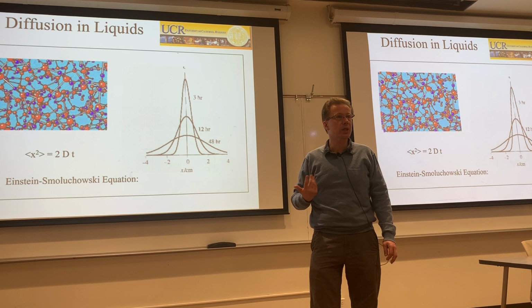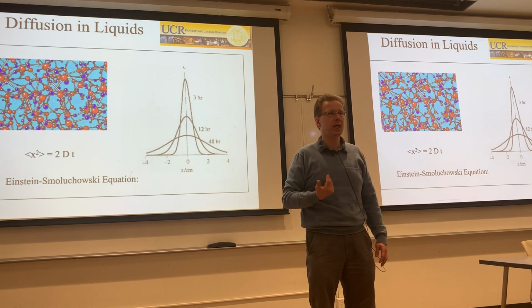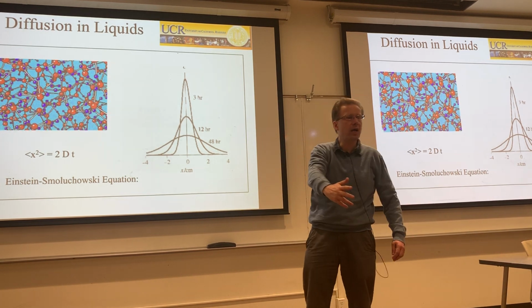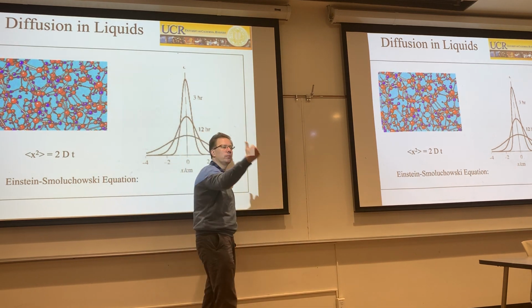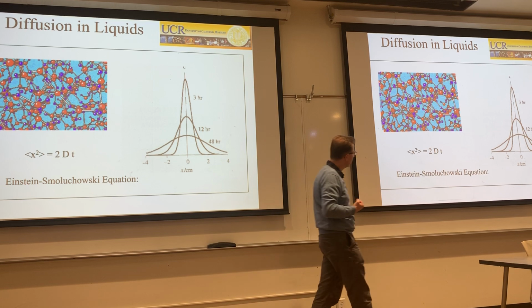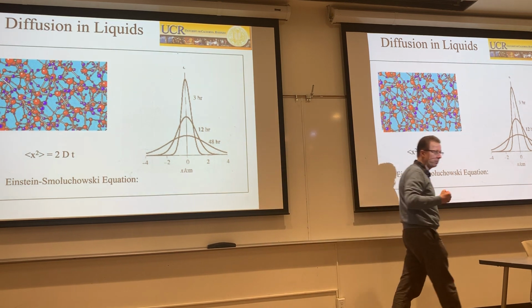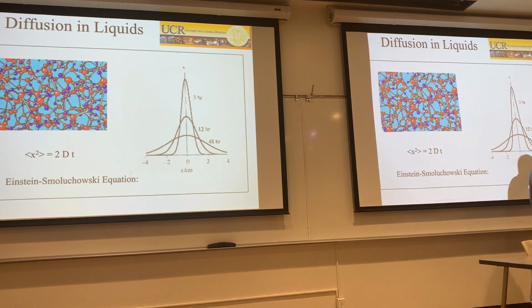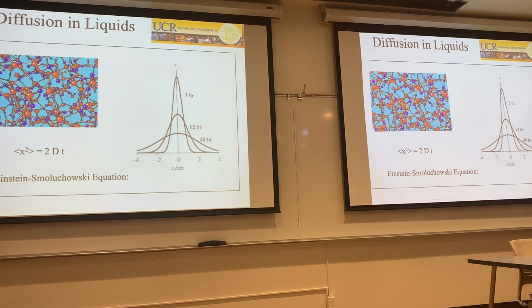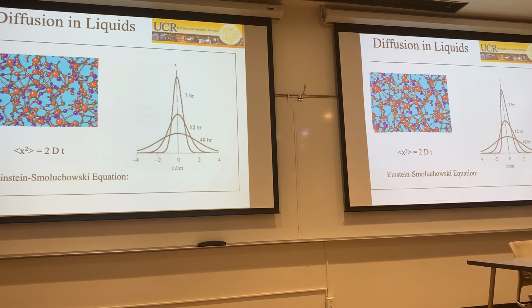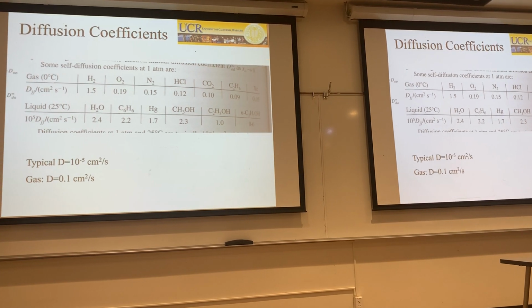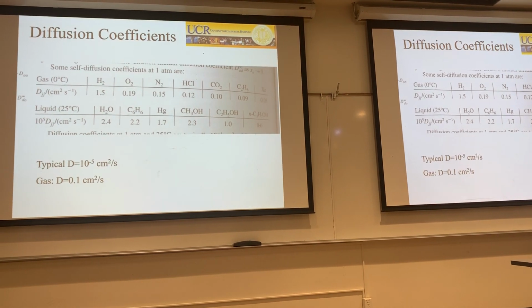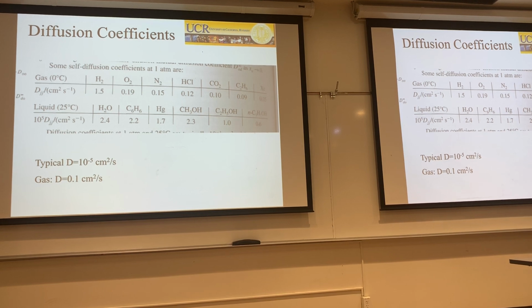And they naturally will go up if the temperature is going up, because then the molecules move faster, and so they cover more distance, and they also have more momentum, and so they're not so much affected by the neighboring particles. They can kind of push through that, and so you will get more diffusion in that way. So diffusion constants are tabulated, and here are tables for diffusion constants.